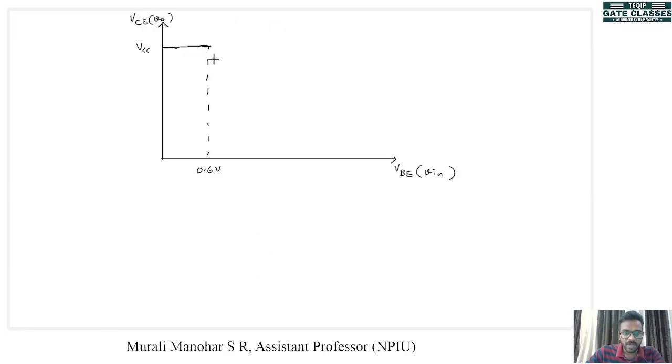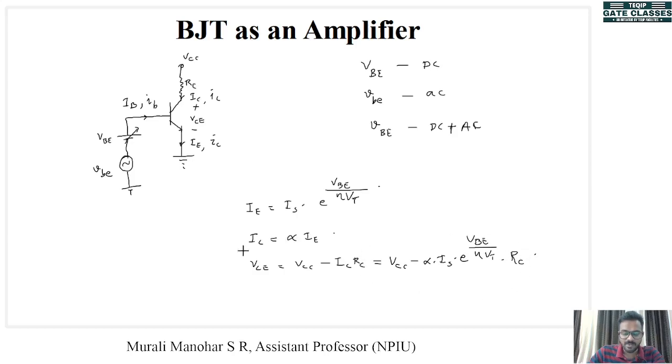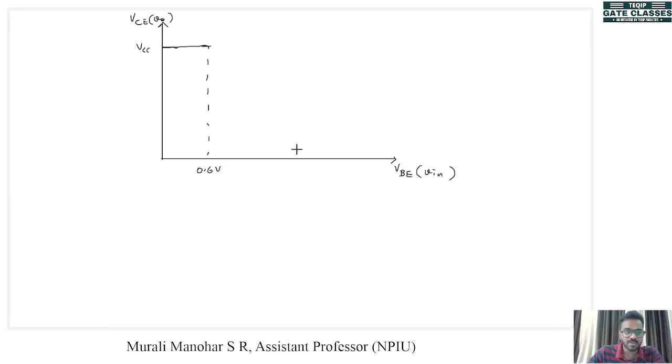So this will drop and it will follow this relationship, VCE equal to VCC minus alpha IS e to the power VBE by eta VT into RC. So it will have a graph like this, and then after a particular point this will come down like this. The voltage where it is almost constant again is around 0.8 volt.